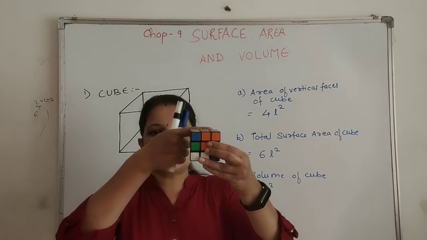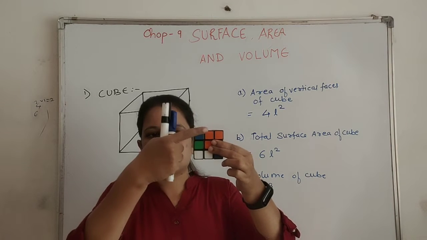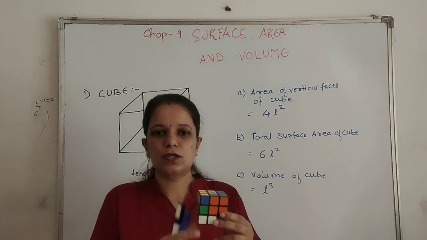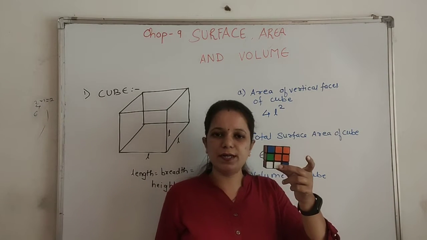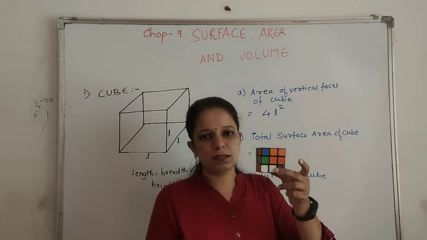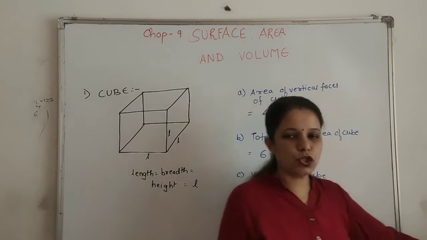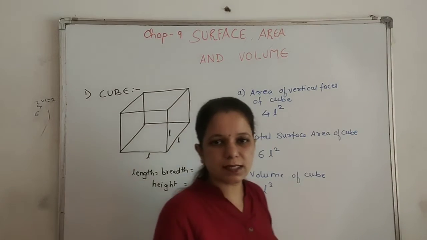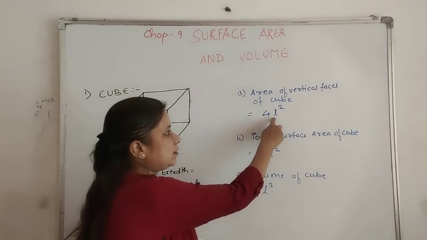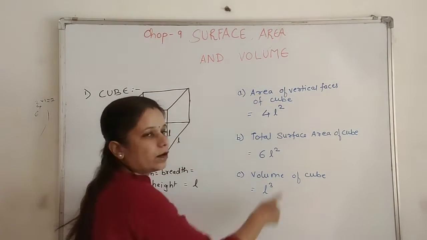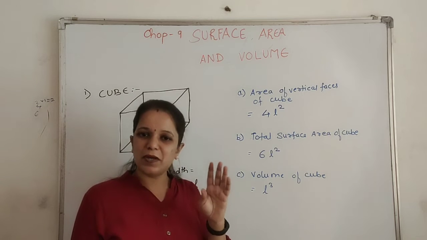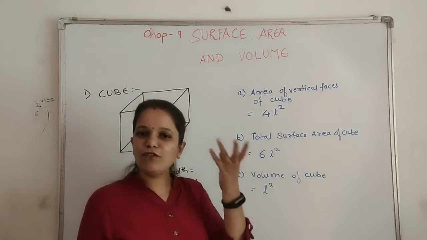The vertical faces are, this is 1, this is 2, this is 3 and this is 4. So we have four vertical faces. Length into breadth is going to be the area, but for a cube all the dimensions are the same. So 4 times length square is the area of vertical faces. Why have we taken 4? Because we have 4 vertical faces.